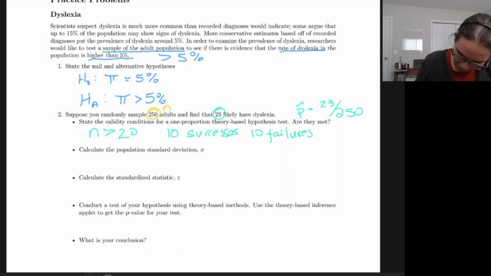We have N of 250, so we're fine. We have 23 successes, people with dyslexia, and 227 people that don't have dyslexia. So we're good.